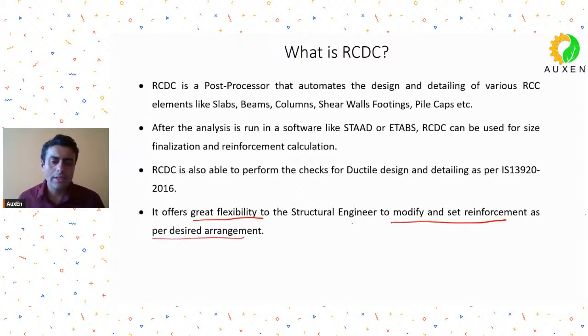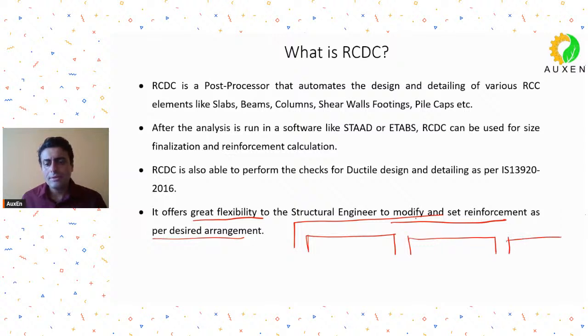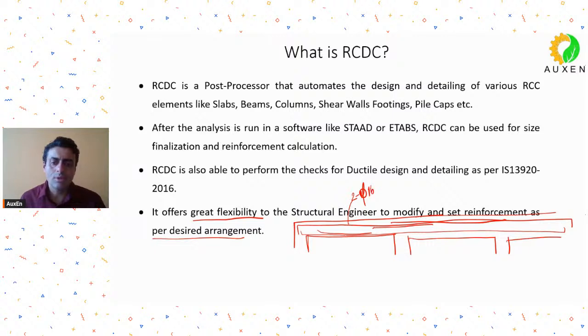So what do I mean by this? I think you are aware that many times when we do the detailing in a beam, let's say we have a continuous beam, many times we want to set our own reinforcement, isn't it? As per some site condition, or as per the bars that I have, or some other issues on site, I would require a specific reinforcement arrangement to be provided.